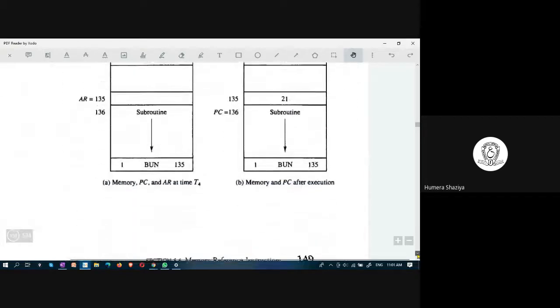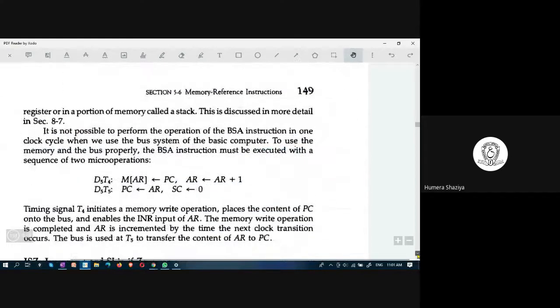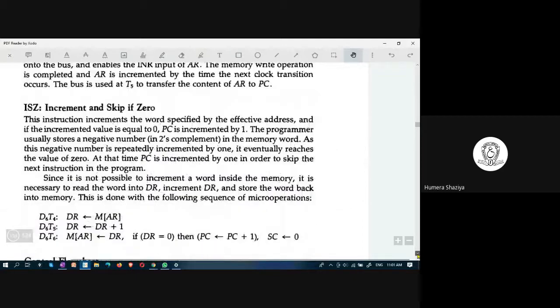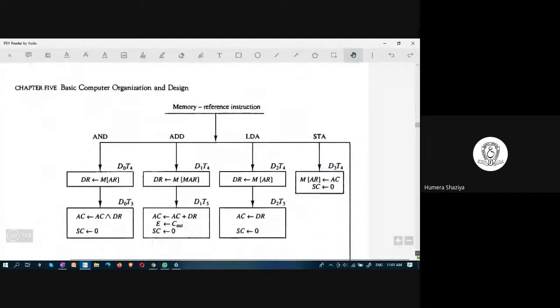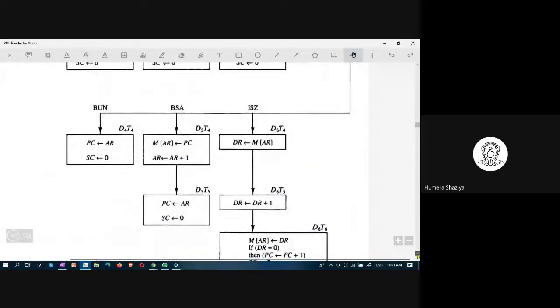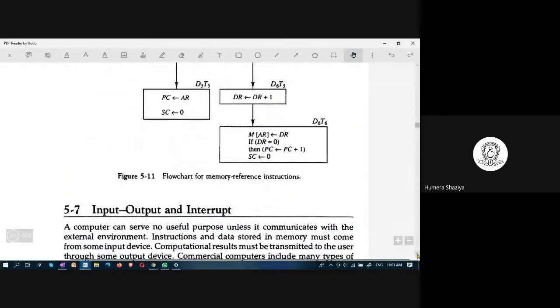There's an example also given here. This is your task. If you don't understand, you ask me tomorrow. This is the flowchart covering all the memory reference instructions. So up to here, this is your homework today.